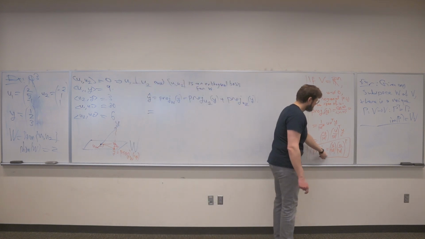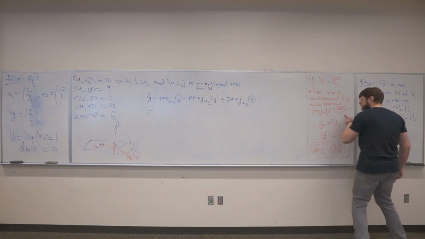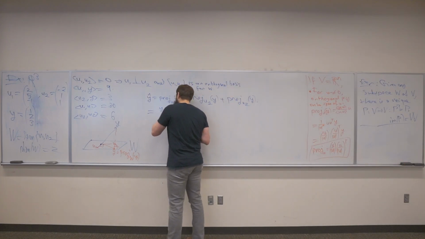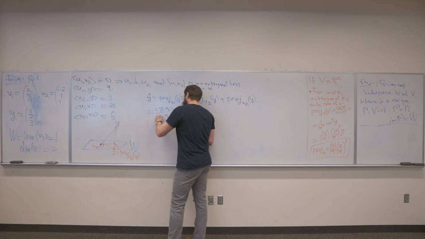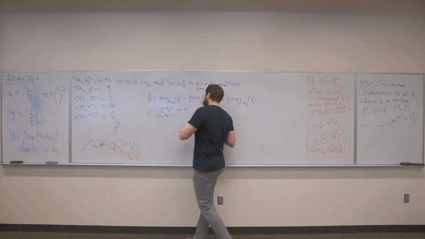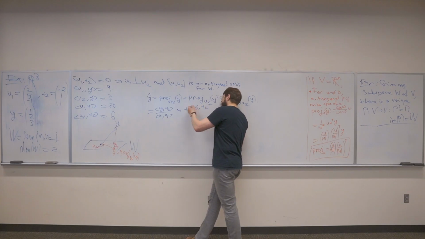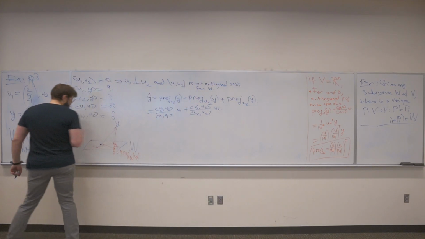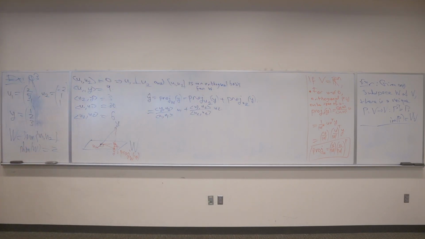Let's leave this to the side for now. Let's use this just for a moment. Okay, like so. Now I need to plug in the scalars and the vectors in the right places.